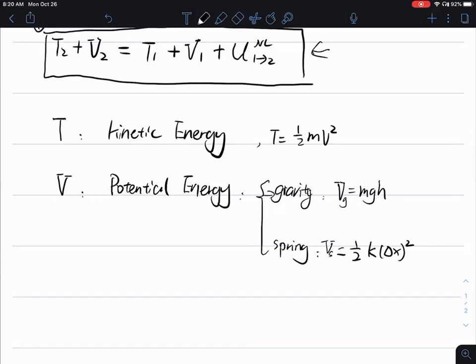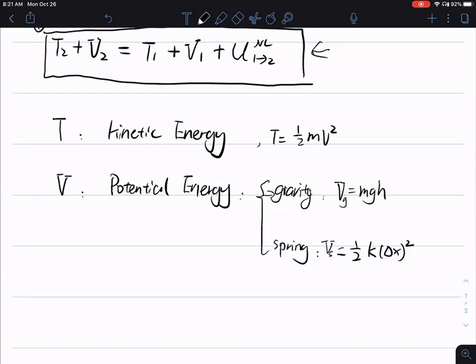Delta X is the change of length when you either compress the spring or stretch the spring. K is the spring constant. So that's how you calculate potential energy from a spring. It depends on how the length of the spring is changed from its original length.